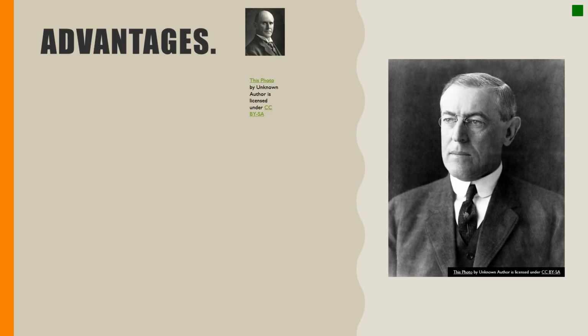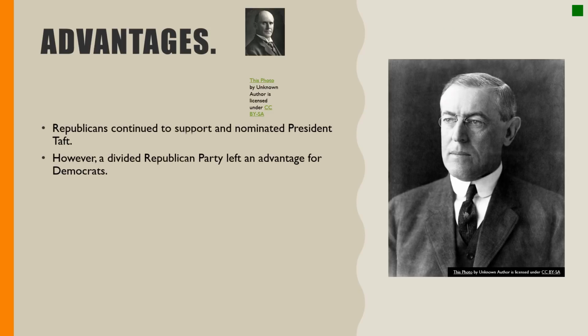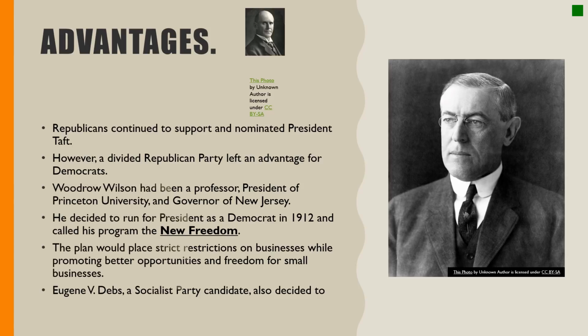So, advantages. Republicans continued to support and nominate President Taft for the election of 1912. However, it divided the Republican Party and left an advantage for the Democrats, and others for that matter. Woodrow Wilson had been a professor, president of Princeton University, and governor of New Jersey.